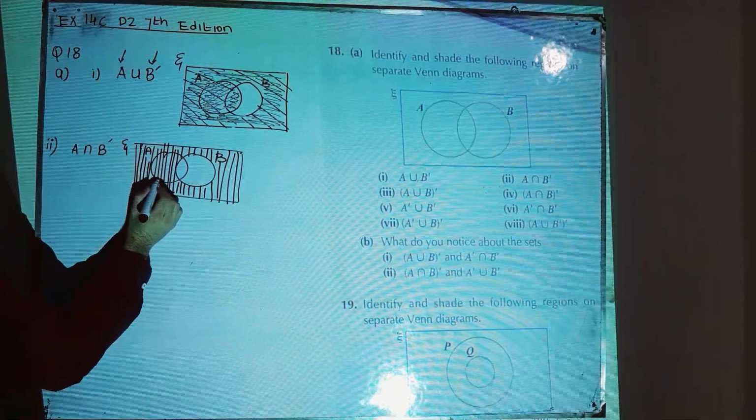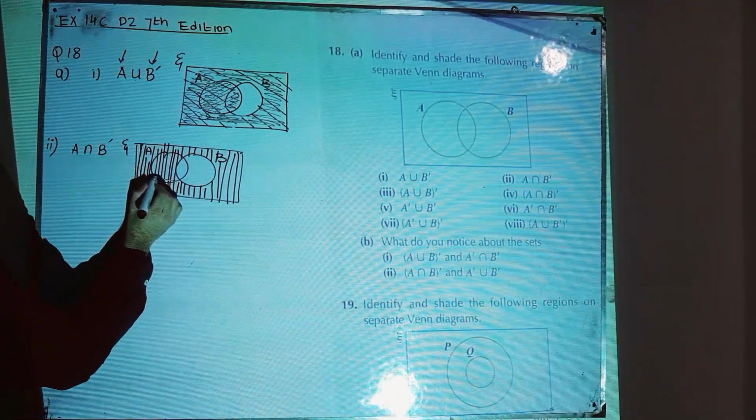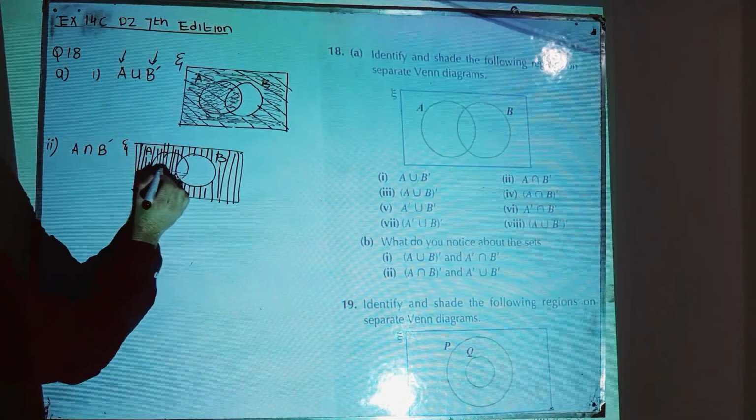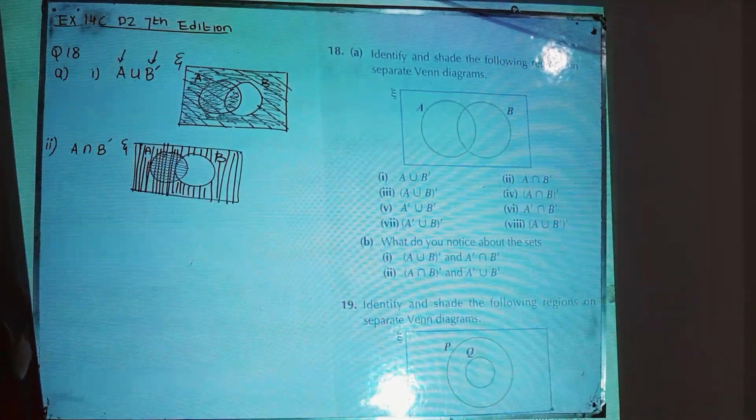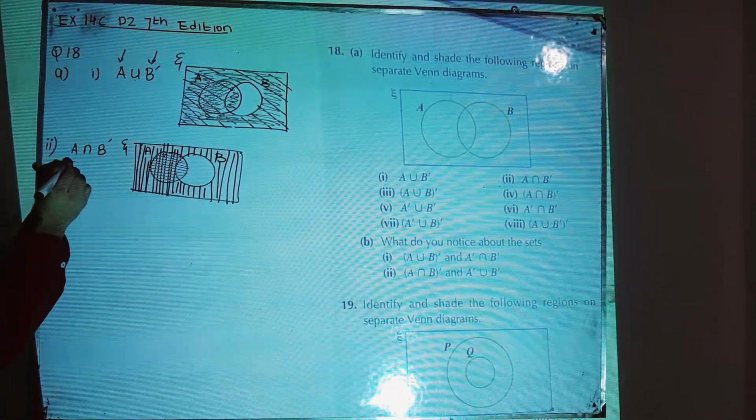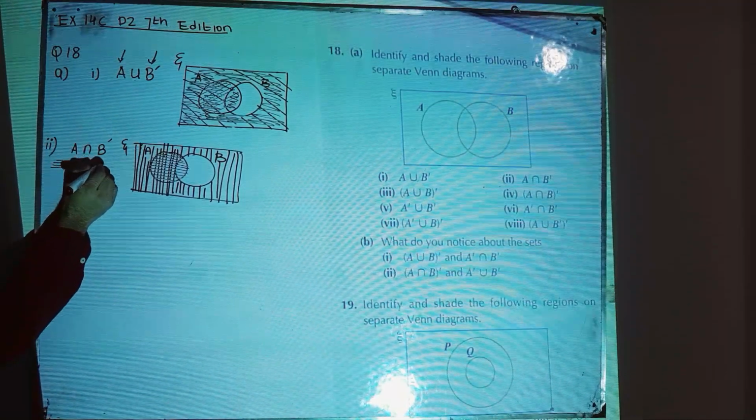What about A? This is A. A is shaded with horizontal lines, B complement by vertical lines. Now what is the answer for A intersection B complement?